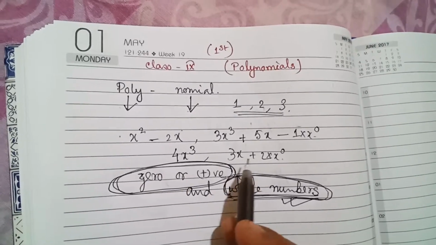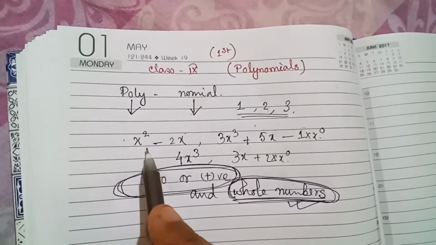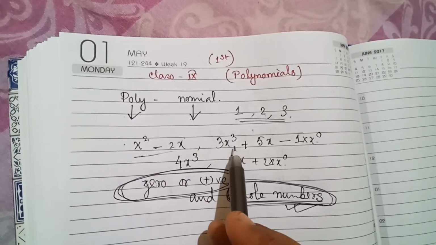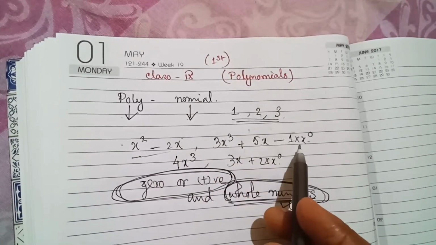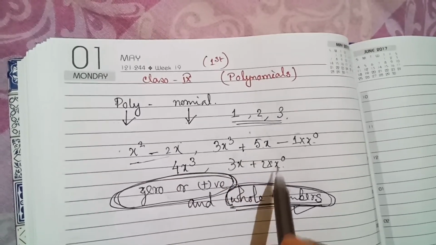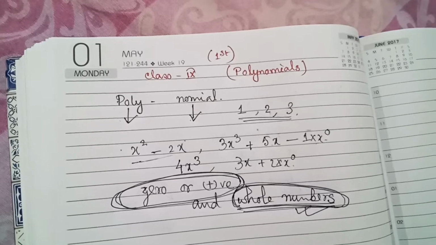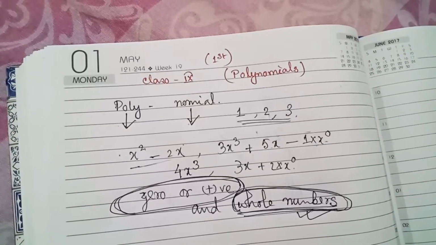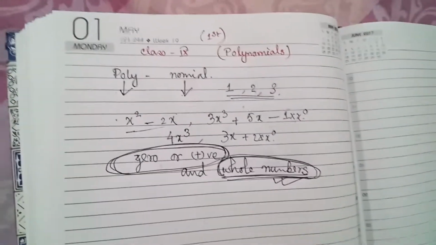Now this we have written. For the first one we have 2 terms. For the second one we have 3 terms. Here 1 term, here again 2 terms. So there may be 2 terms, 1 term, 3 terms, 4 terms and many more.